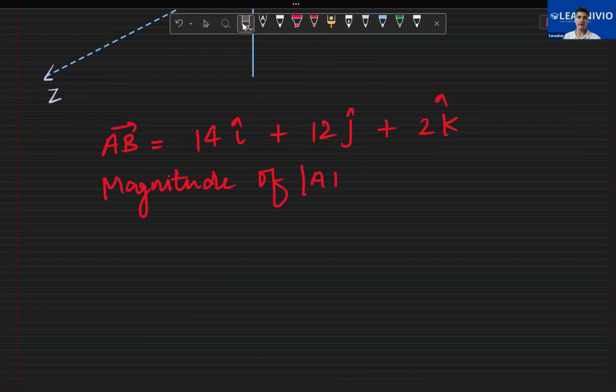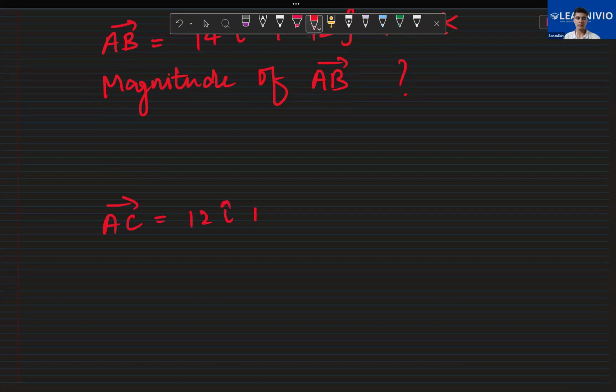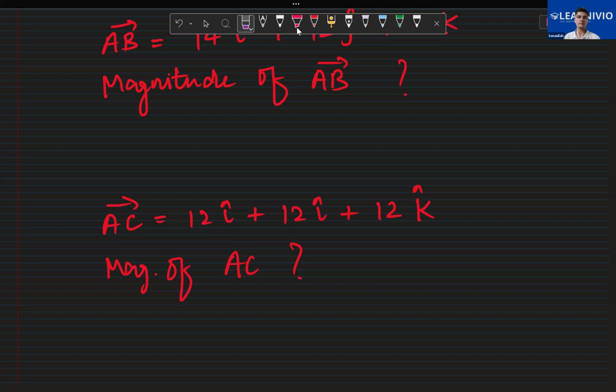If you are writing the magnitude, no need to write the modulus sign. Just write magnitude of AB vector. Then after doing this, find the magnitude of this vector. Just do these questions.